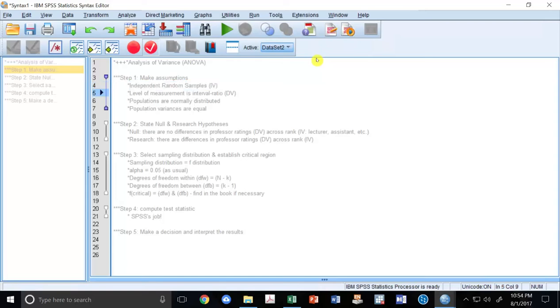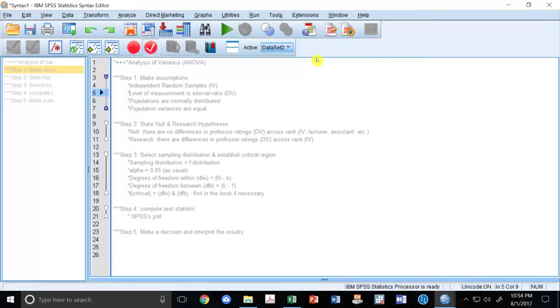So to go over these real quick, the assumptions we make when running ANOVA is one, that there are independent random samples. And what that means is when the groups were selected, those groups were selected independently from each other and randomly, right? So we've got to make sure that's true. If you already have pre-existing data, you had no control over that.